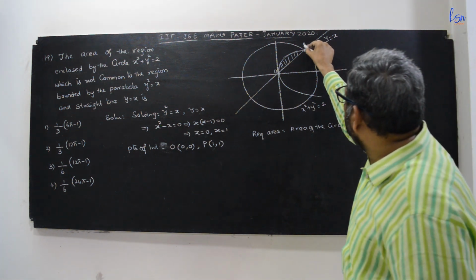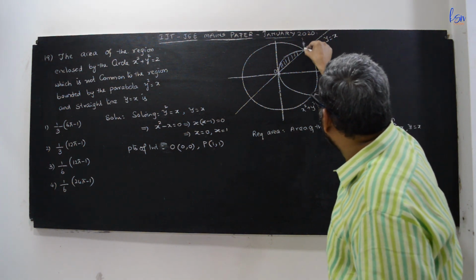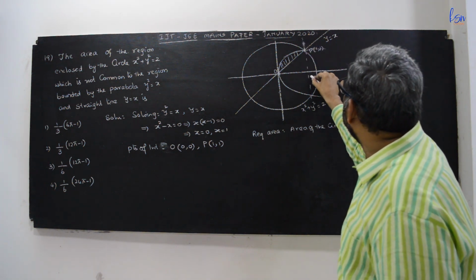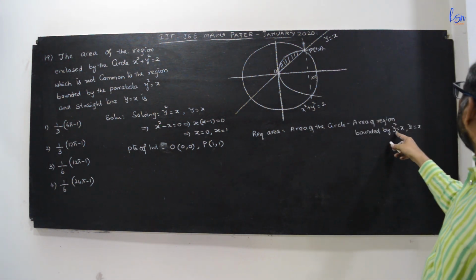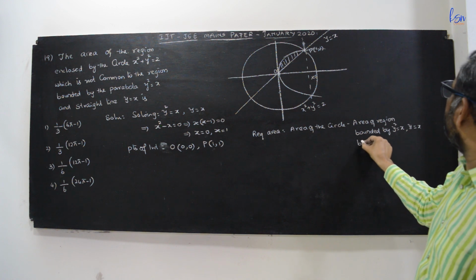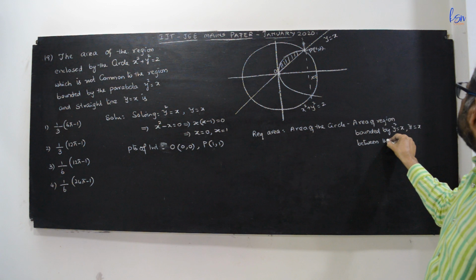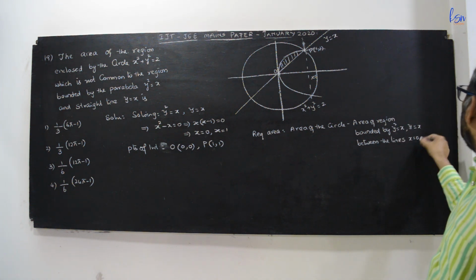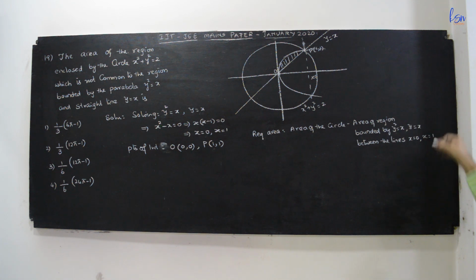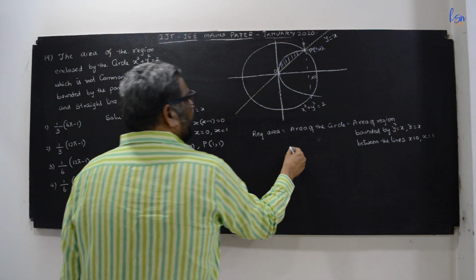This point being 1 comma 1, I can take this line as x is equal to 1. The region is bounded by y square equal to x, y equal to x, between the lines x is equal to 0 and x is equal to 1. Now the area of the circle is pi r square.